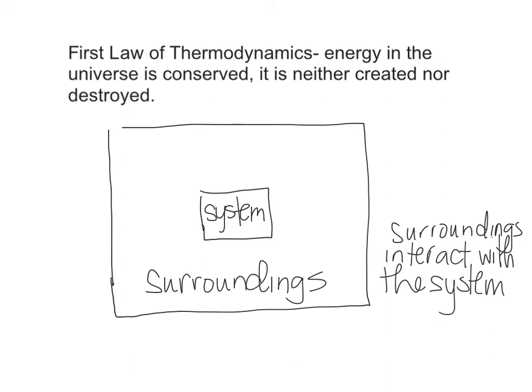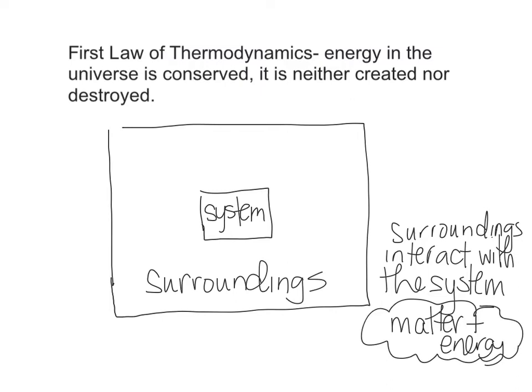And what's going to happen between the system and surroundings is there could be an exchange of matter and energy. So we're going to look at the interactions between the system and the surroundings.